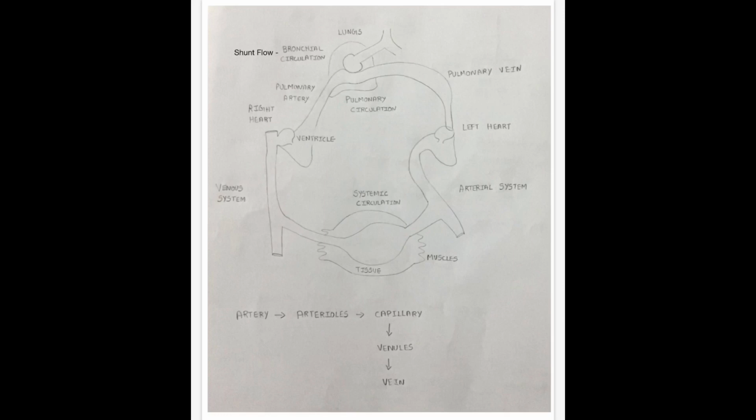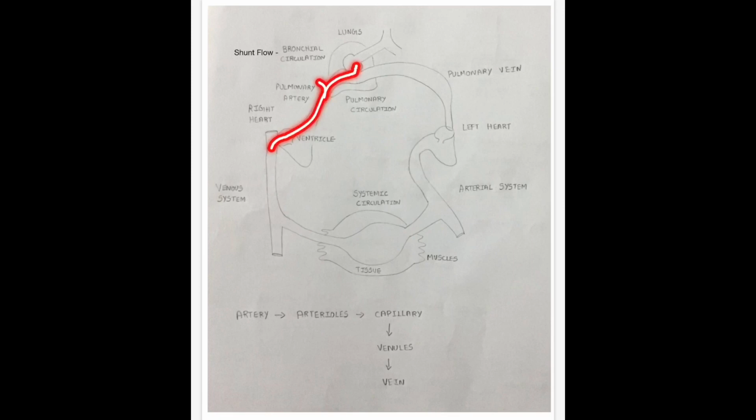The deoxygenated blood from the right heart goes to the lungs. Let me tell you again, the deoxygenated blood from the right heart goes to the lungs for oxygenation. Here, not all the quantity of deoxygenated blood goes to the lungs.